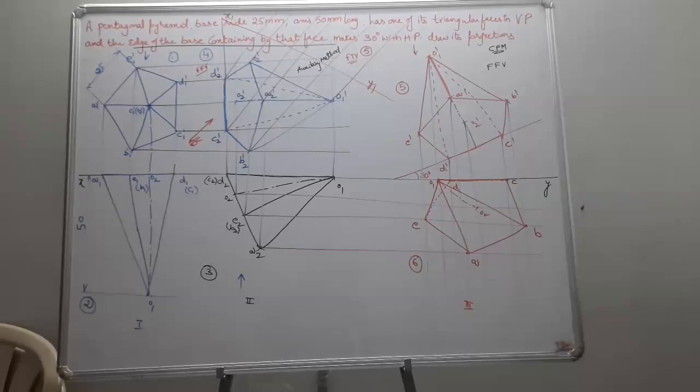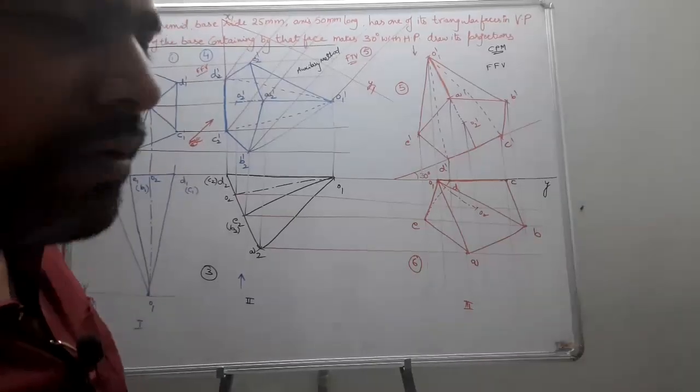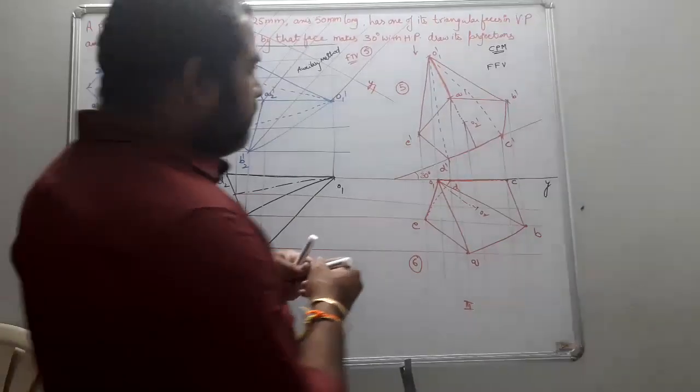I will give you 2 minutes, all of you make it fast. Students, let me make one more point clear. The farthest point from the observer is D. Simply, let us consider the lines which pass from D are dotted.